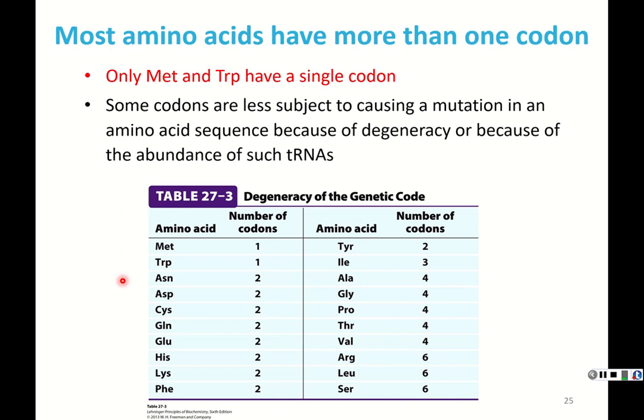We'll go through that when we see the actual table again. And if you're curious of the number of codons each amino acid has, that's listed here. Serine, leucine, and arginine have the greatest degeneracy. They have 6 codons for each of them. But most of the amino acids have between 2 and 4 codons.